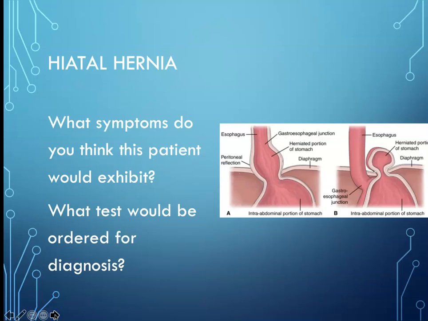So hiatal hernia, some of the symptoms this patient may exhibit is sometimes there's pain or gastroesophageal reflux, because it's basically pinching off the esophagus, and so it can affect the person's ability to breathe normally because it's pressing up against the diaphragm.